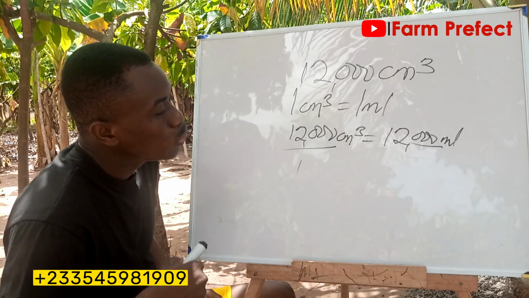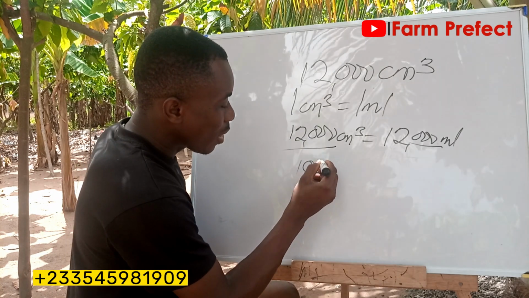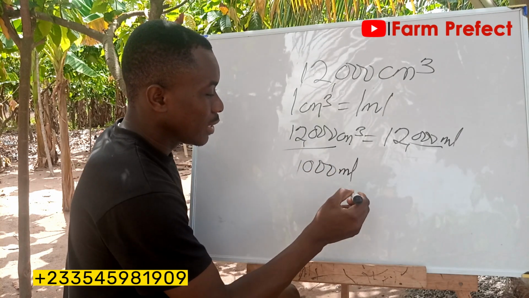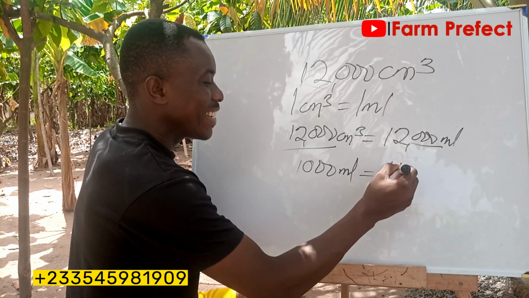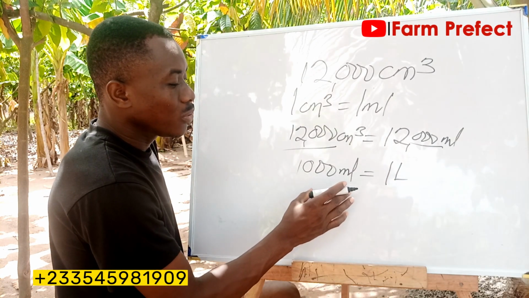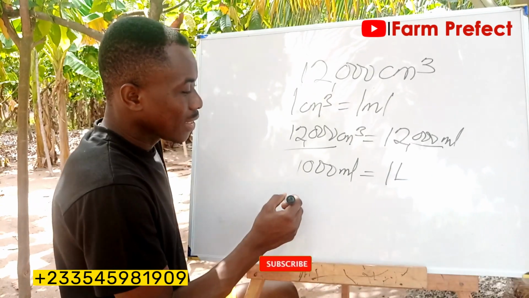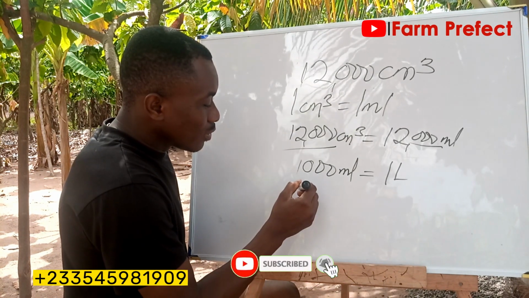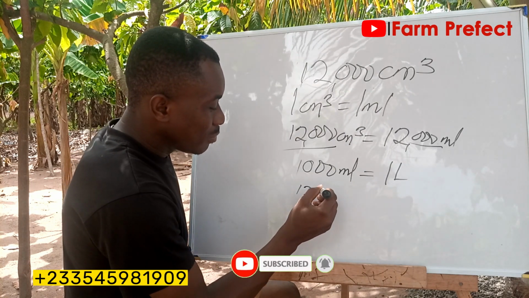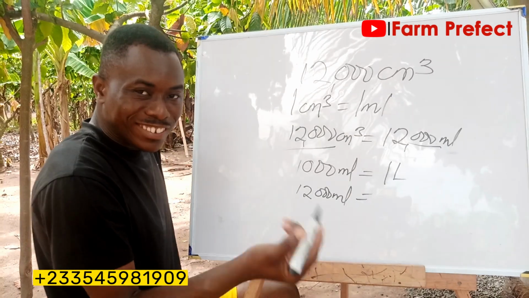So according to standard conversion, 1,000 mil is equal to 1 liter. Yeah, 1,000 mil is equal to 1 liter. Now the question then is, 12,000 mils will be equal to what?